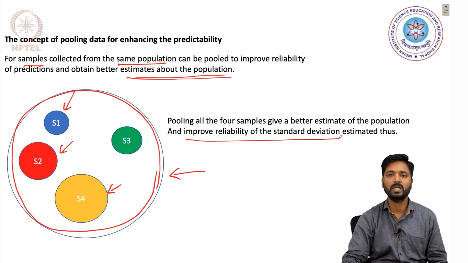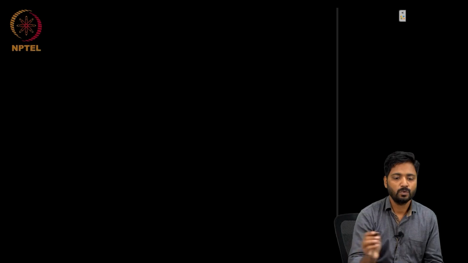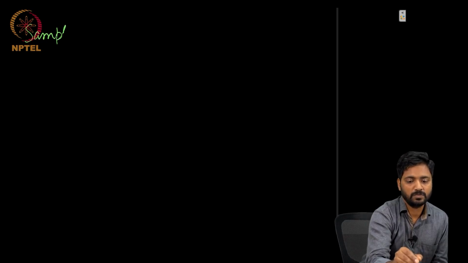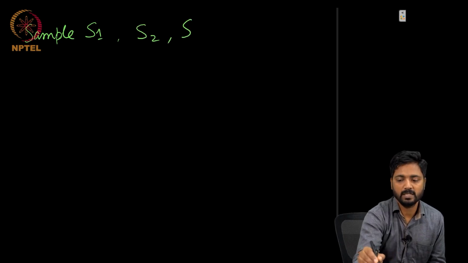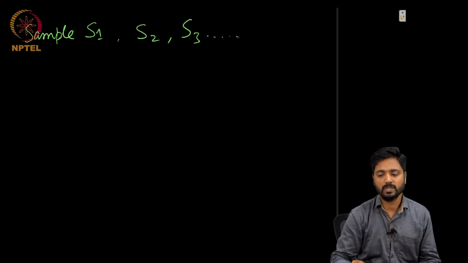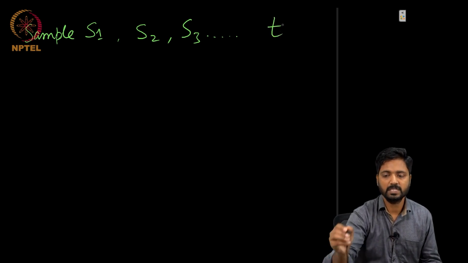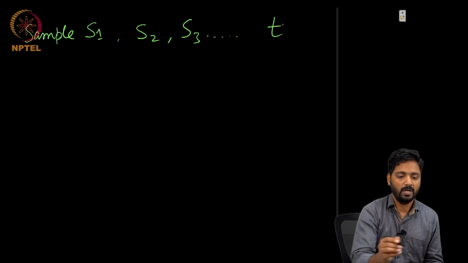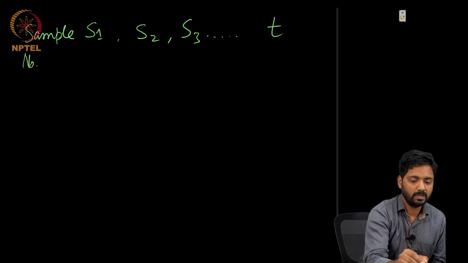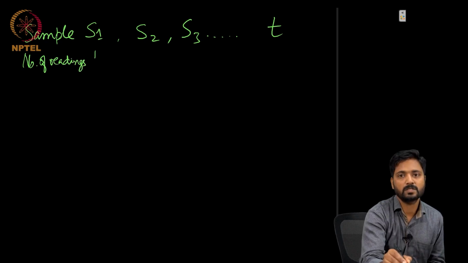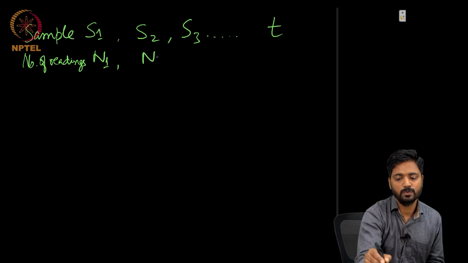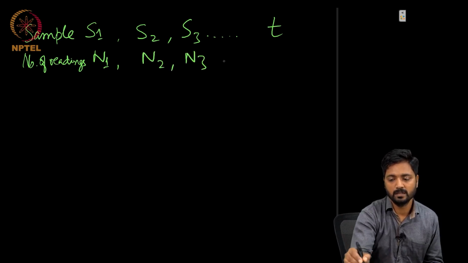So let us quickly go through the protocol of pooling such data sets. If you are dealing with samples which we call S1, S2, S3, and so on, and we are dealing with, say, T such samples, and in each sample the number of readings is N1, N2, N3 and so on.